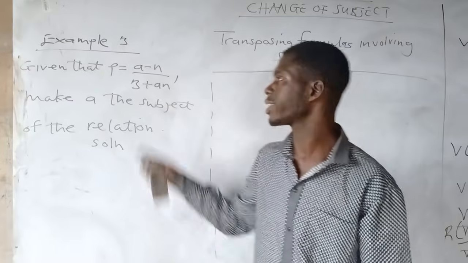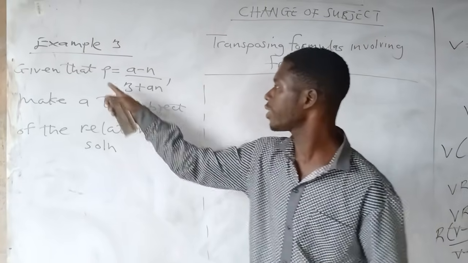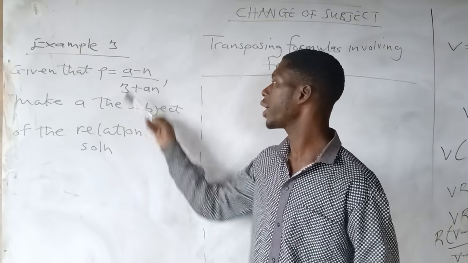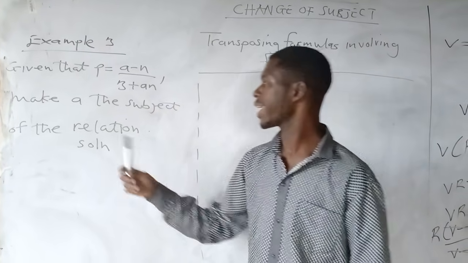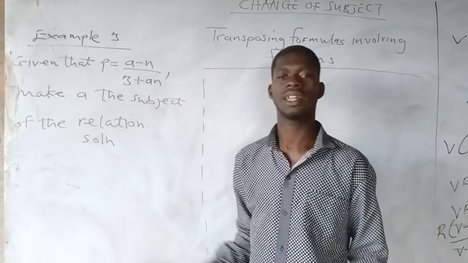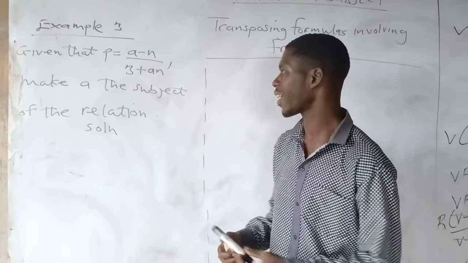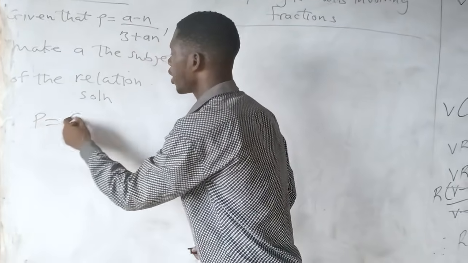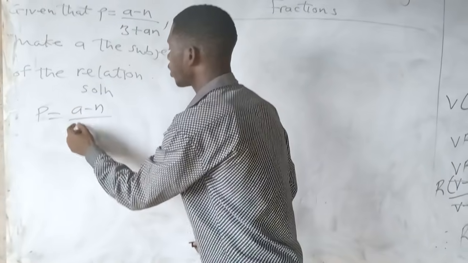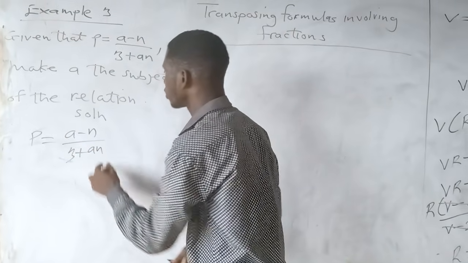Thank you. Example 3. It says, given that P equal to A minus N all over 3 plus AN, make A the subject of that relation, right? So P is equal to A minus N over 3 plus AN.